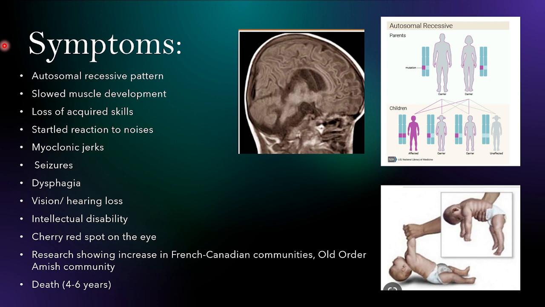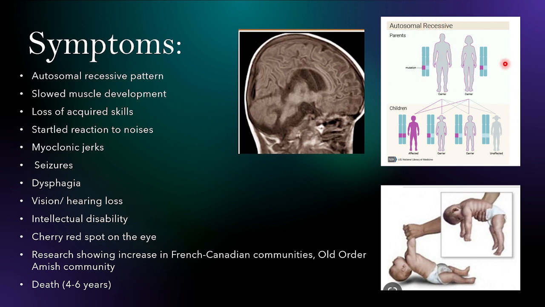Research is actually showing an increase of this disease not only in the Ashkenazi but also the French Canadian communities in Quebec, and the Old Order Amish community. Death usually ranges from 2 to 3 years of age, but some sources are saying 4 to 6 years. And here's just showing how autosomal recessive traits look.